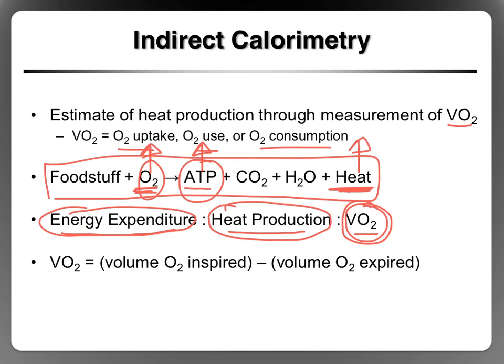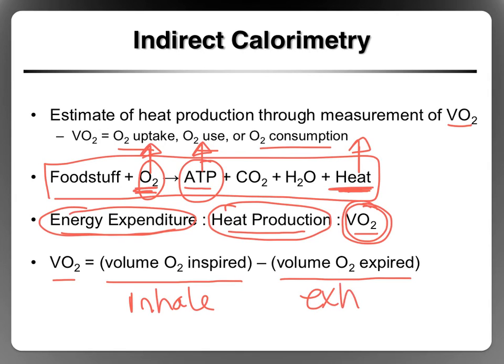So oxygen consumption is really easy to measure because all we need to know is how much oxygen you are taking in and how much oxygen you are breathing out. Okay, so how much do you inhale and take into your lungs, and then how much do you exhale?